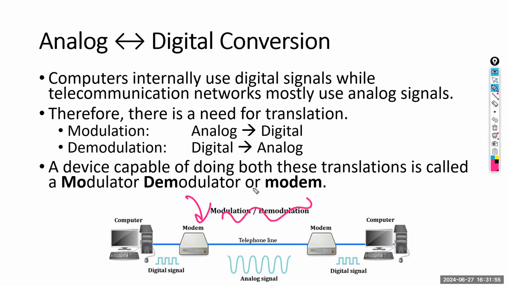So it goes through the modem. But these days you don't hear this word much, because rather than a modem, what we buy is a router. Basically the router has a built-in modem, and it does both the task of the modem and the task of the router. So therefore we just call it a router. But anyway, the router has this feature. So basically inside the router you have a modem.